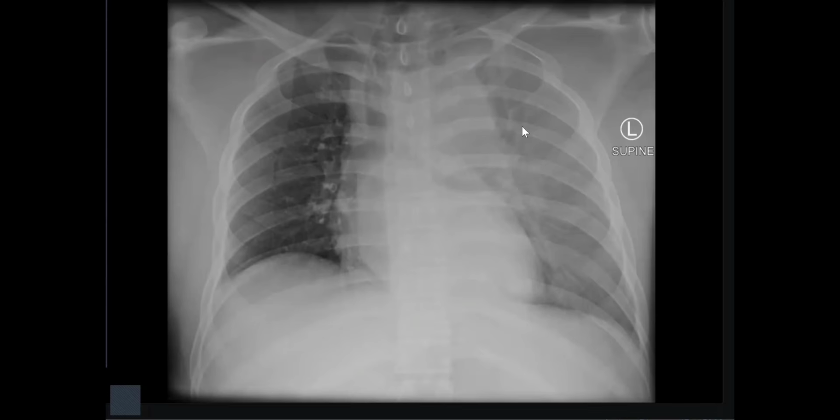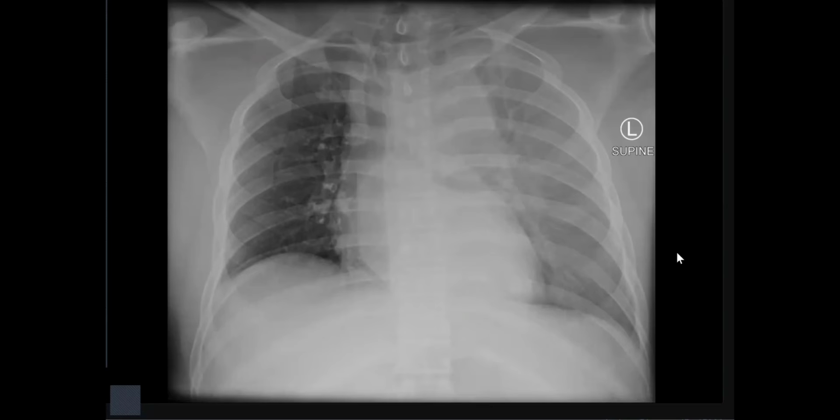I'm seeing there is increased opacity noted in the left hemithorax, causing mediastinal shift towards the right side, and the right lung field appears normal.